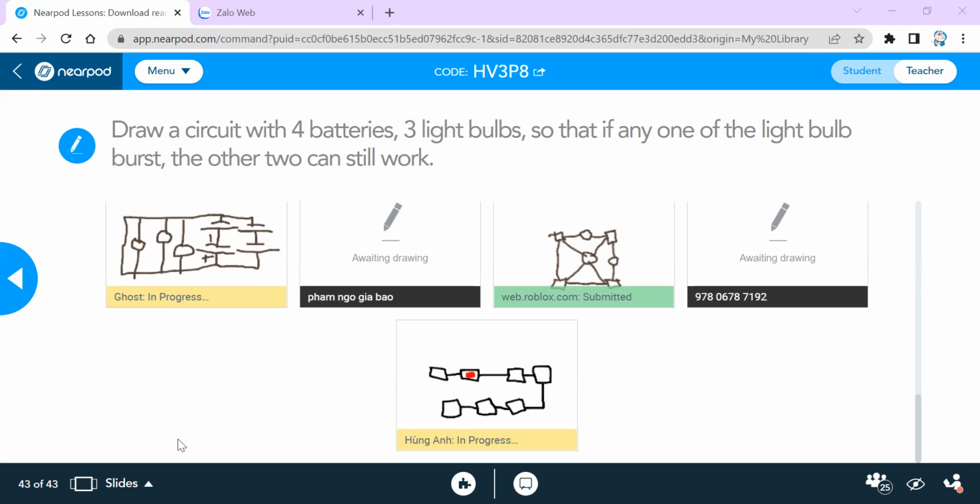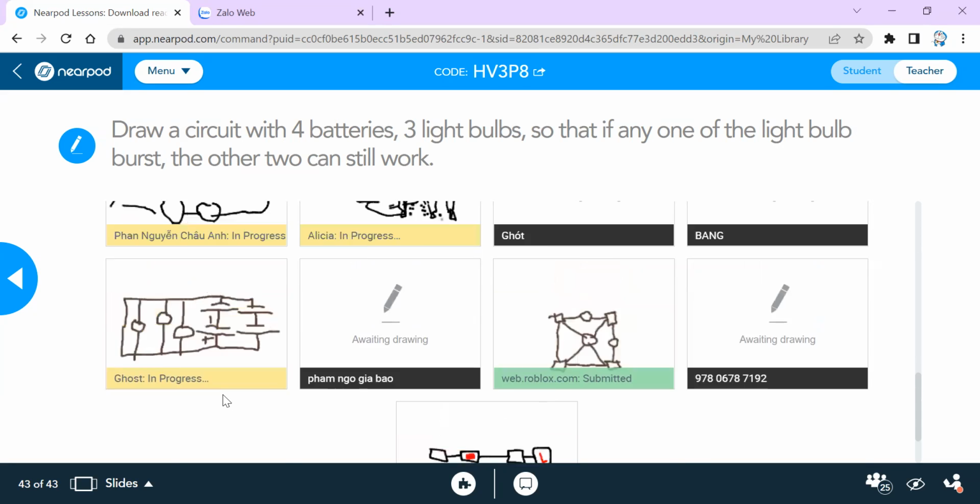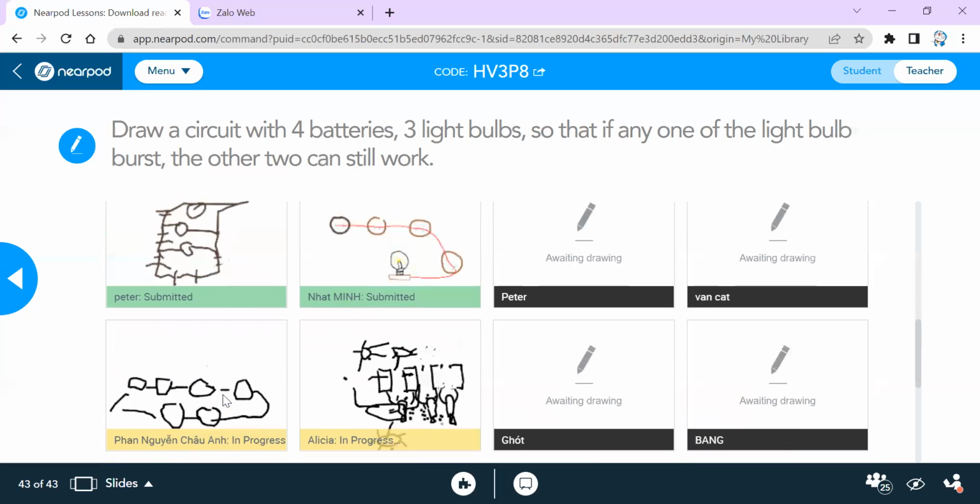If you know how to draw a series, you can draw it. If you know about parallel, also can. The main thing is to use your imagination and the knowledge that you learned, and propose to me a circuit with 4 batteries and 3 light bulbs, and the condition is if any one light bulb bursts, the other 2 can still work.